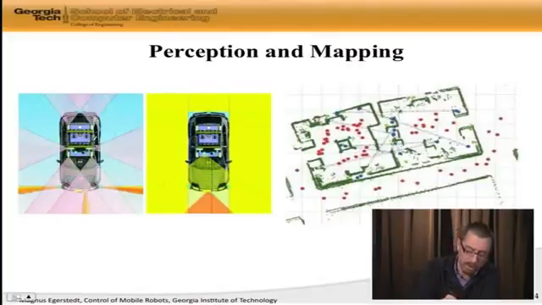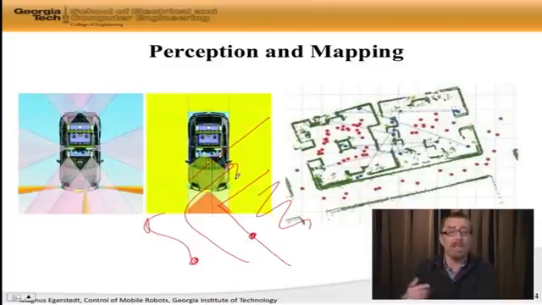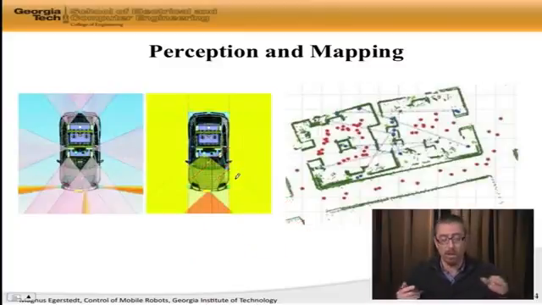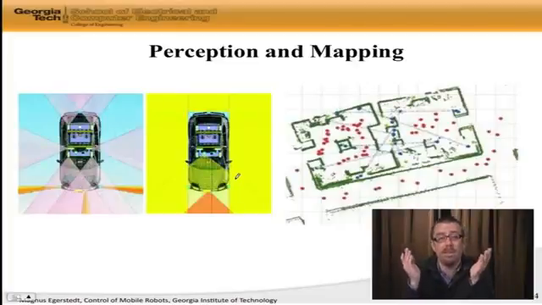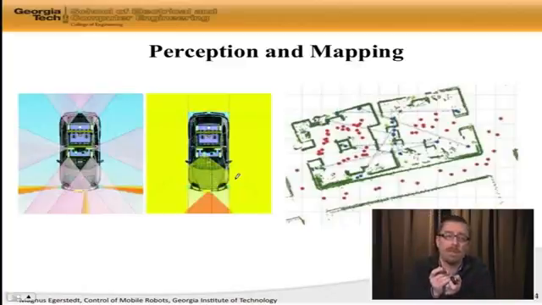Our world was, here is the robot, here's an obstacle, it's a point, let's just avoid it. But you know what? This obstacle may not be a point, it may be part of, I don't know, a corridor, and we would like to go in the corridor. Well, then it's good to actually describe what the world looks like. This is known as mapping. And again, this is a perfect opportunity for you to probe further, trying to build maps of the world. There are lots of different methods for doing it.